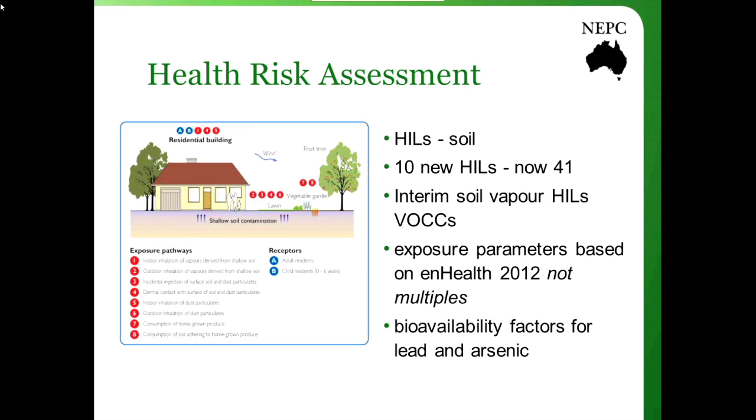And in the NEPM 99, these were derived as a multiple of the residential A, the low density residential. Now they're based on considerations of what a reasonable exposure for that land use would be.